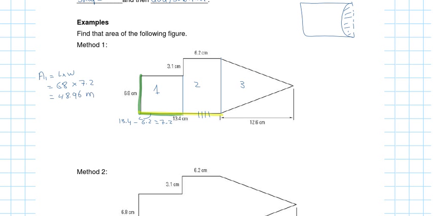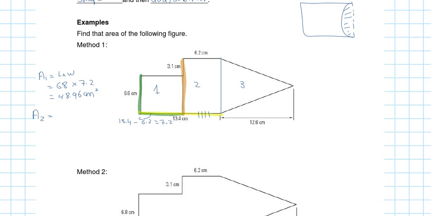Okay. Now to find the second area, what's my length for my second area? So I'm looking at this length here. 9.9. How did you find that?